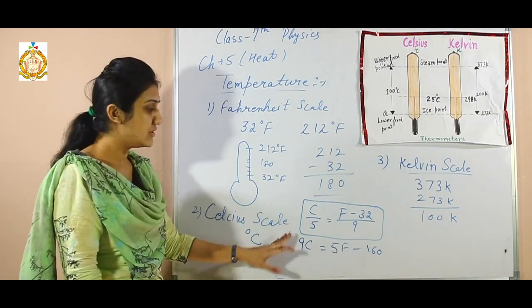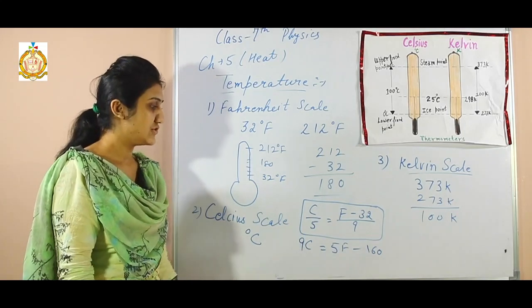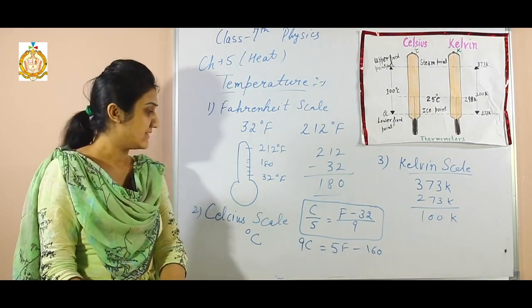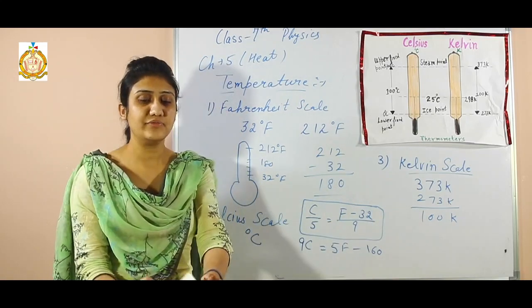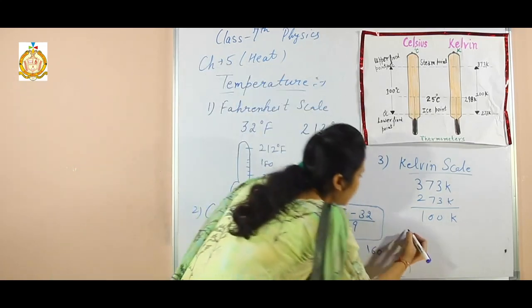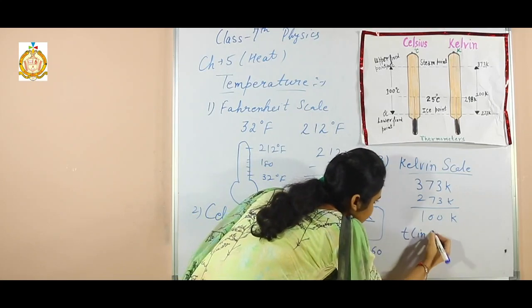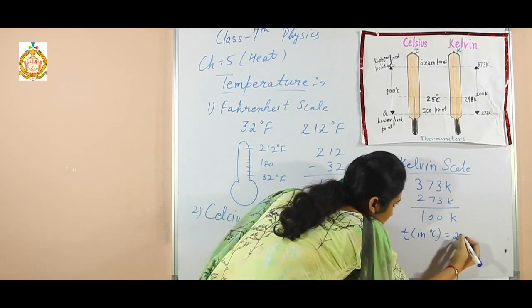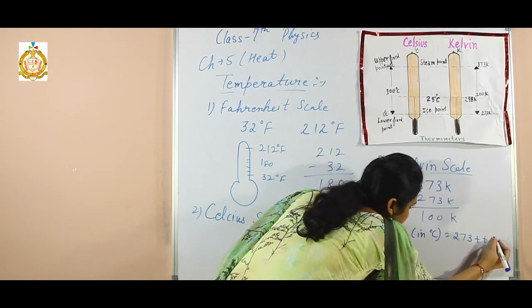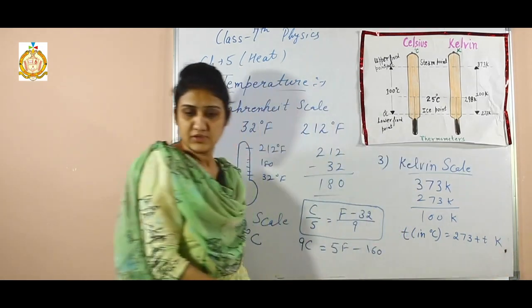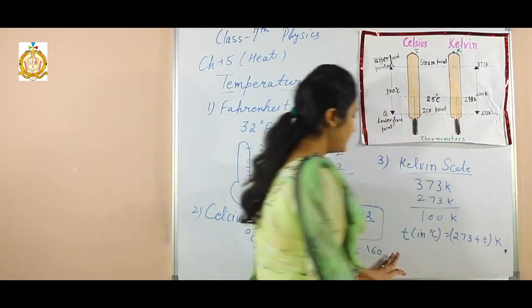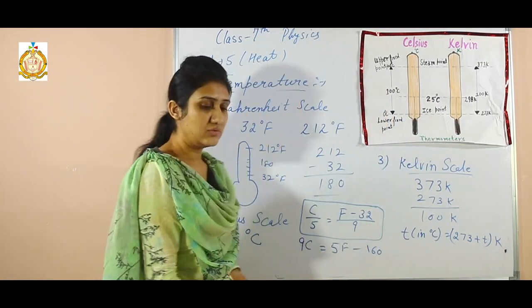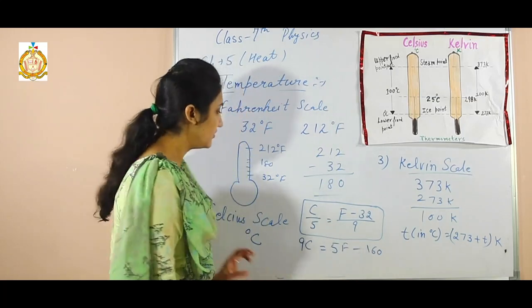So you can use either of these relationships to solve the numericals. And for the Kelvin, the conversion of Kelvin with Celsius is T in Kelvin equals to 273 plus T in Celsius. So this T remains the same. This is in Celsius. We shall do this relation with the help of a numerical.